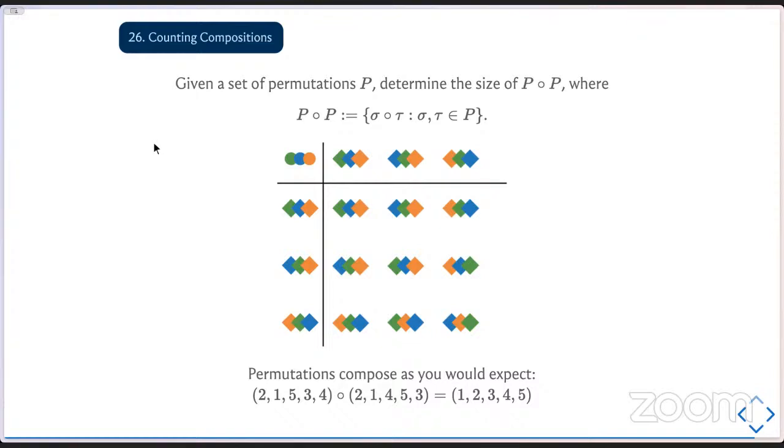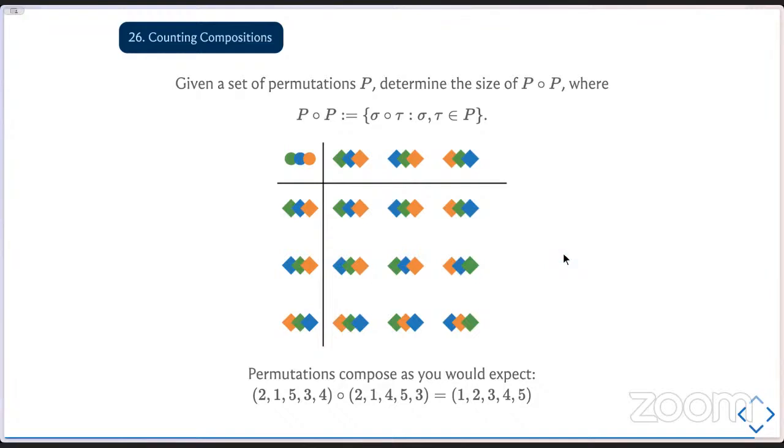And there are 6 possible permutations of 1, 2, 3, right? There's the identity, there are the 2 cycles, and then there are 3 that you get by keeping 1 point fixed and swapping the other 2. It turns out that when you take the composition set for this set of 3 permutations, you actually end up generating all the 6 permutations.